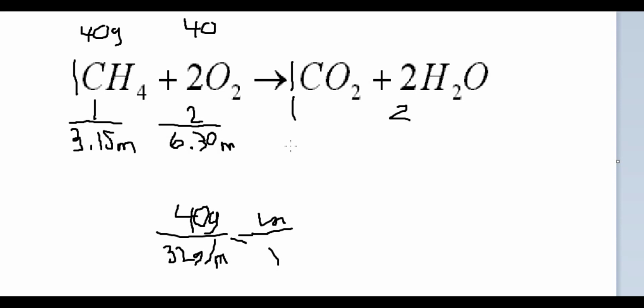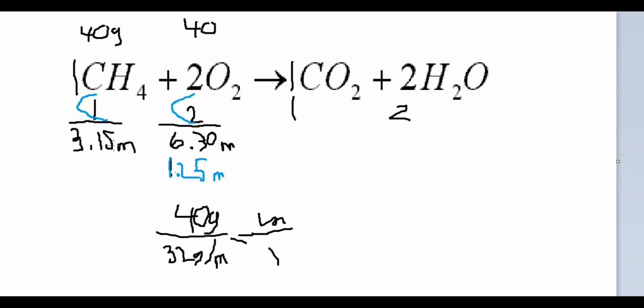40 times 1 is 40. So we're going to do 40 divided by 32 to get us 1.25 moles. Now let's take a look here. The ratio is 1 to 2.